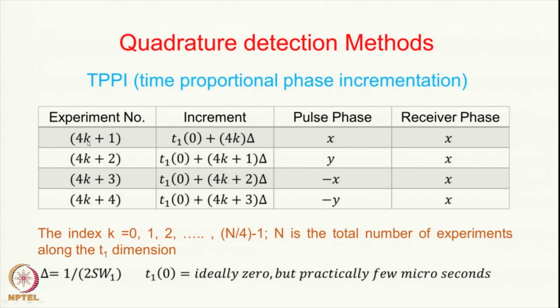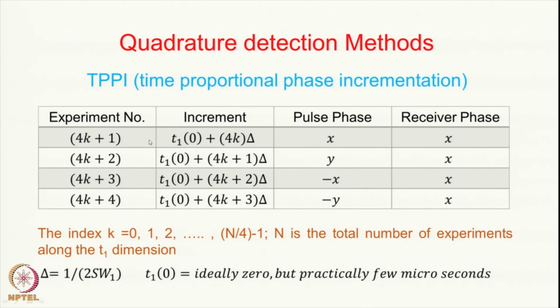That is why it is always said this is 4k plus 1. That is the way the total number of experiments are done.